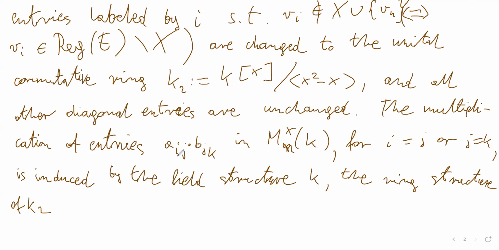Okay, so this is what I mean by using the ring structure of the algebra structure of K2. But that's not enough, because it might also happen that one of these entries is in the ring and the other entry is in the field. So we have to specify in what sense our ground field is a bimodule over this commutative ring. And it has a very simple structure. This is a symmetric bimodule structure.